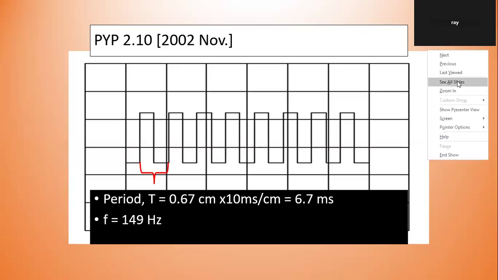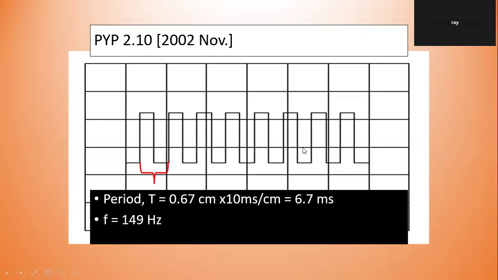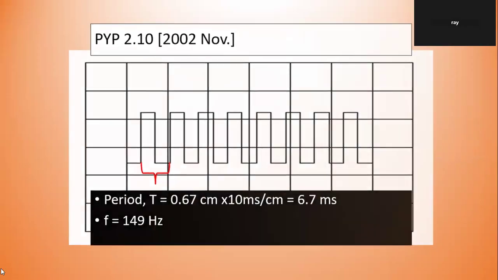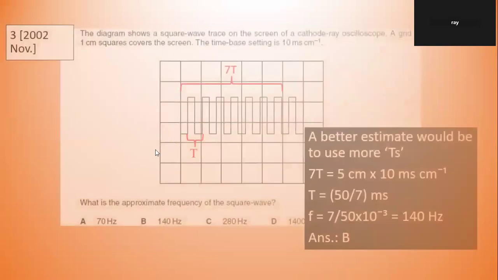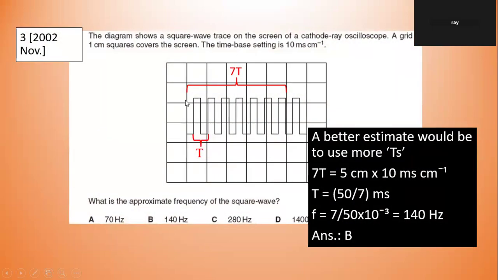So where do you get 5 cm from? I'm taking this one as coming down. This graph is coming down. So I take it to something coming down, approximate. There's a slight error there.